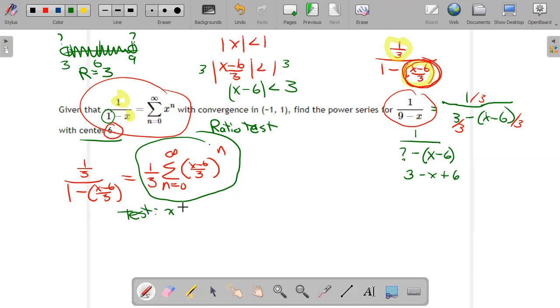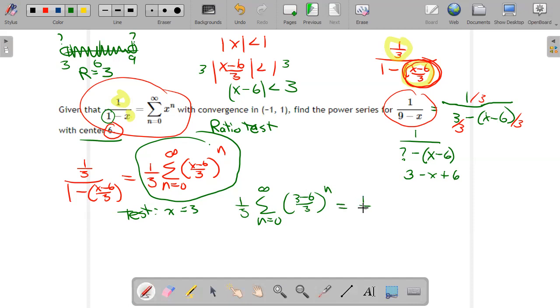So test x equals 3. And if we plug in 3 to that series, we're going to get 1/3 times the sum as n goes from 0 to infinity of 3 minus 6 over 3 to the n. 3 minus 6 is -3, over 3 is -1.